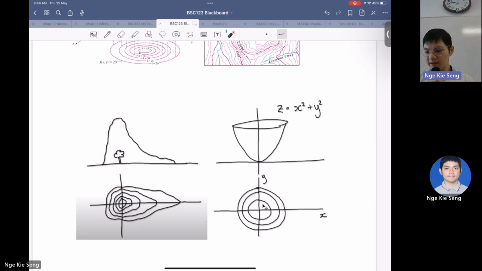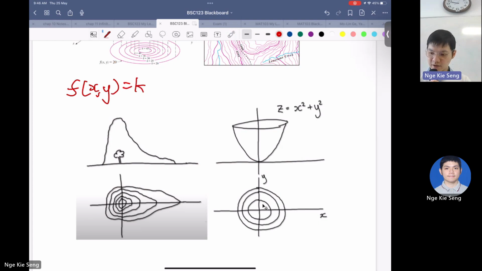The height I mean is f(x,y) equals k, so this is the height. So k is your height.